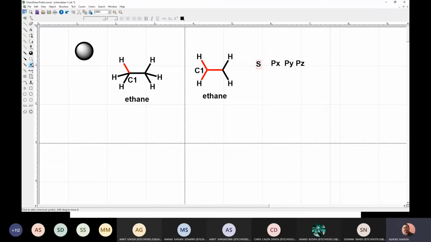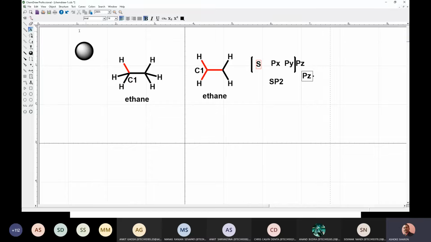So this one will mix and then it will form the sp2, and then you have the remaining pz.